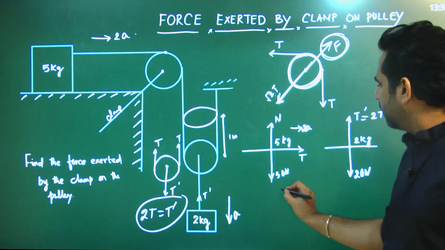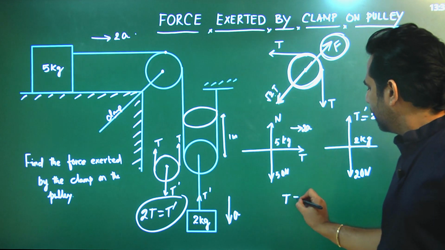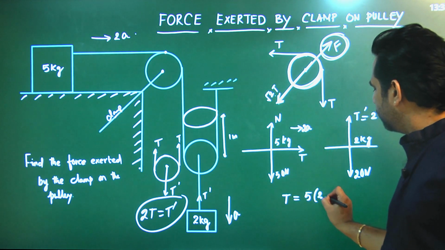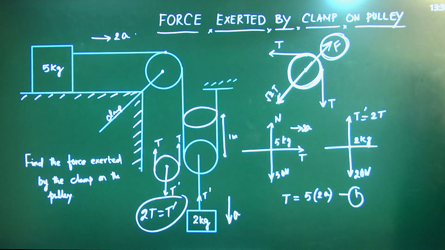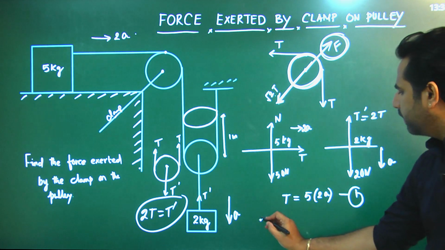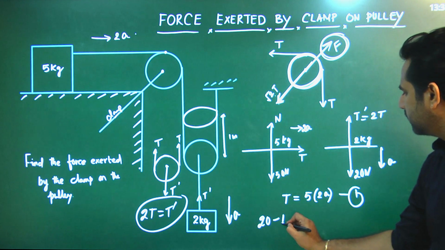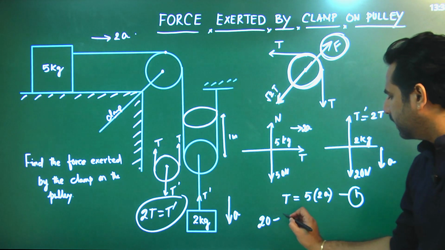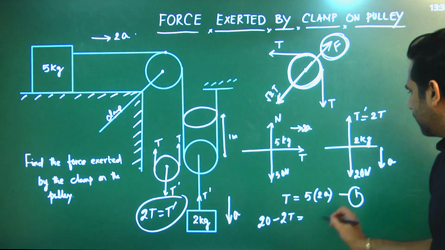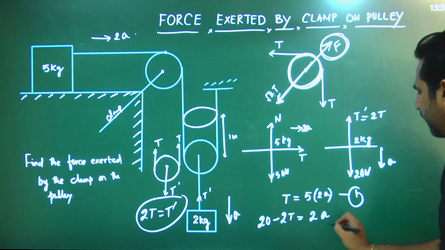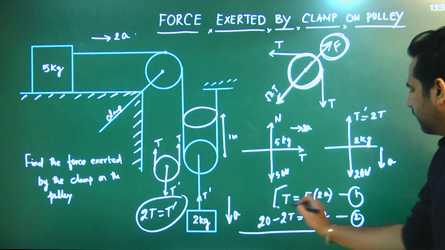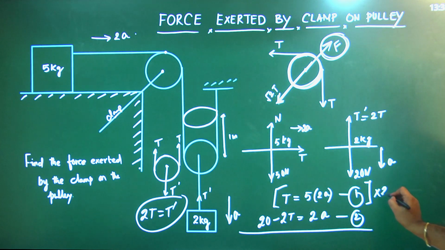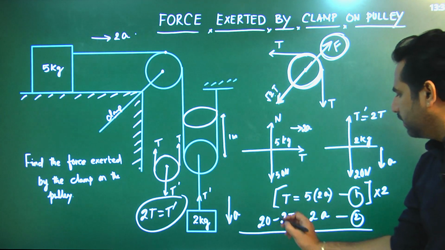Now the equation in the horizontal direction: T is equal to 5 into 2a. This is the first equation. For the 2 kg block, accelerating down with a, the equation is 20 minus T dash, which is 2T, equal to 2 times a. This is the second equation. How do we solve this? Multiply the first equation by 2, so you can get rid of 2T.